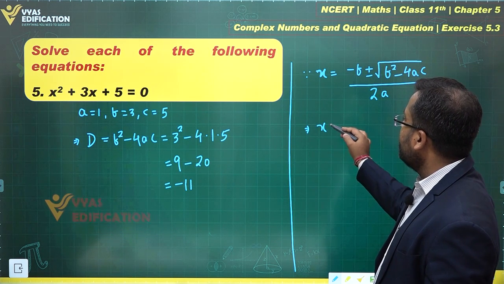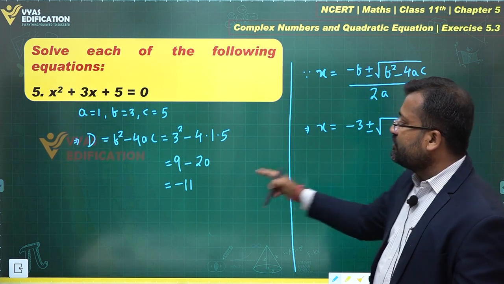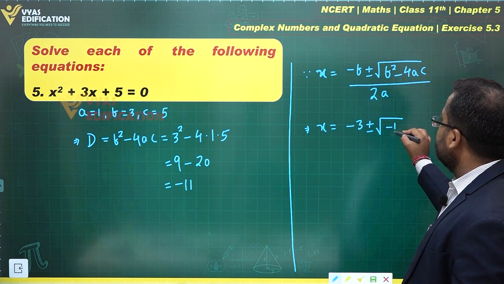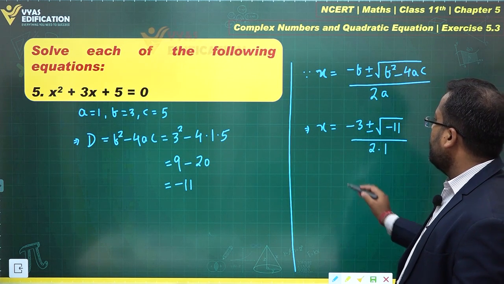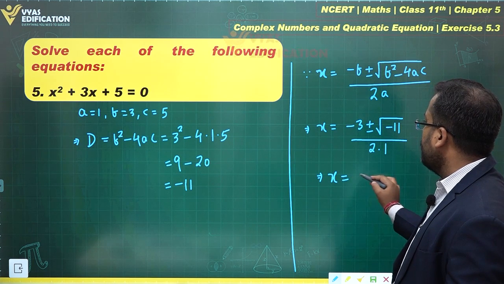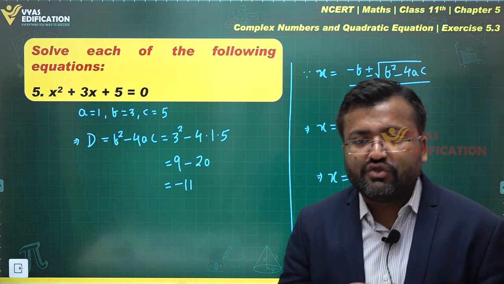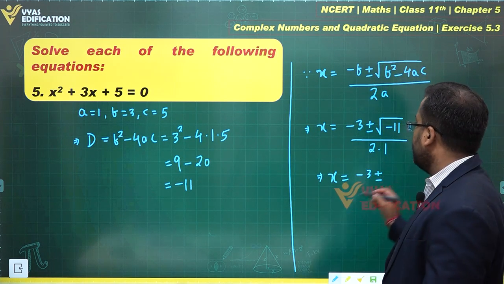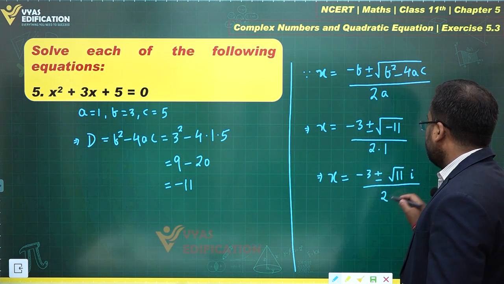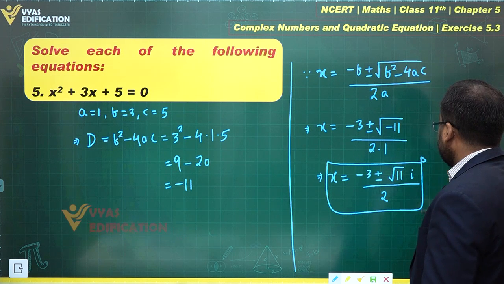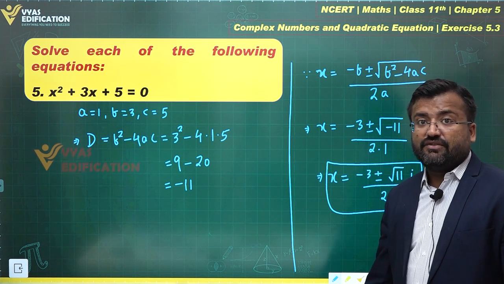This implies that x equals minus b plus minus under root of b square minus 4ac, which is minus 11, upon 2 times a, which is 2 times 1, or we can say that x equals minus 3 plus minus root minus 11, which can be broken down into two parts, root 11 into root of minus 1. Root 11 times root of minus 1, which is i, upon 2. And yes, this is the answer for this question. Is this the final answer? Yes, this is the final answer for this question.